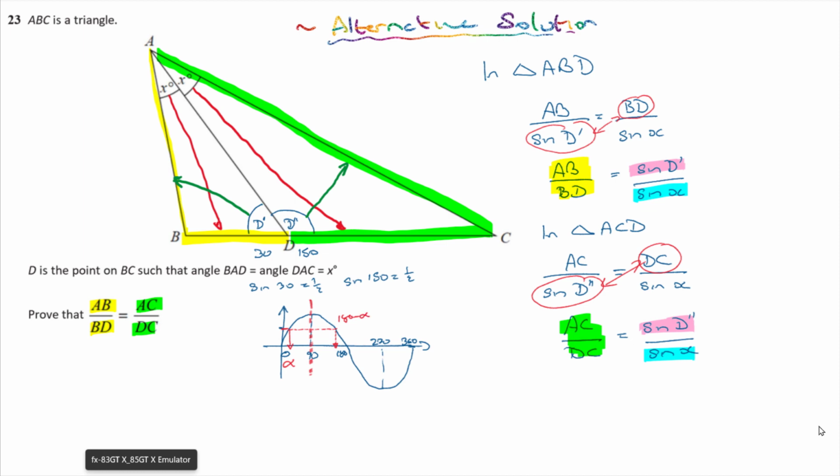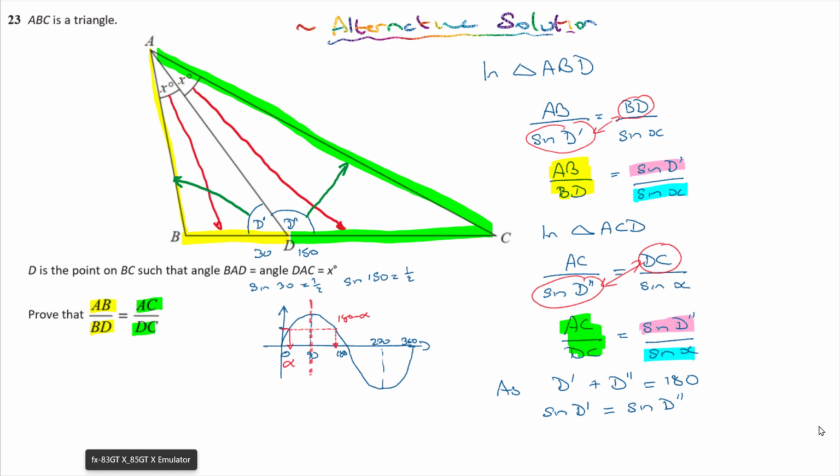So the sine of alpha and the sine of 180 minus alpha always give you the same answer. And because angle d dash plus d double dash is equal to 180, then the sine of d dash is equal to the sine of d double dash. This is always the case.